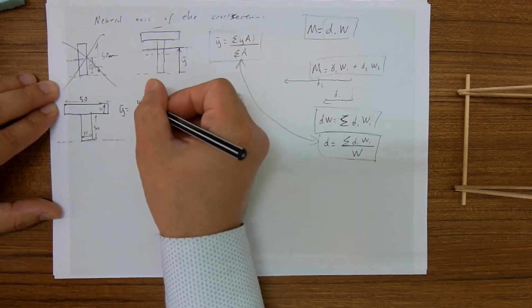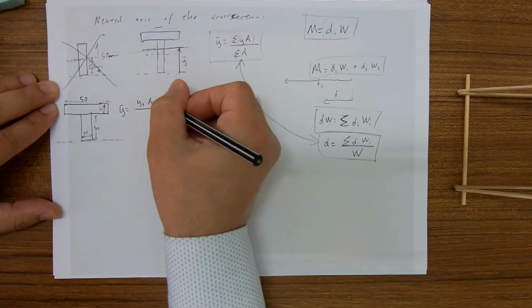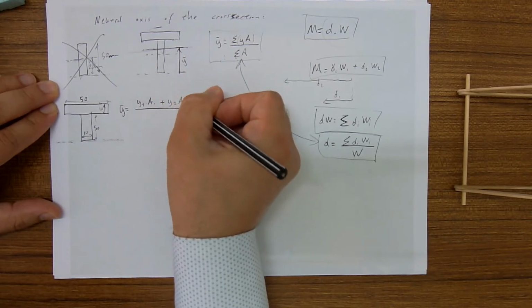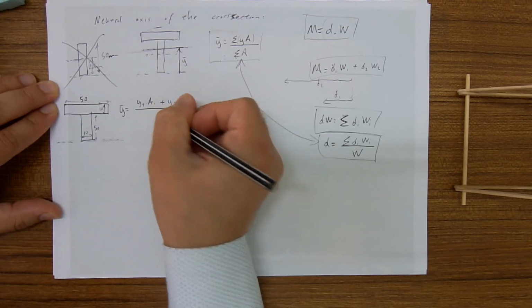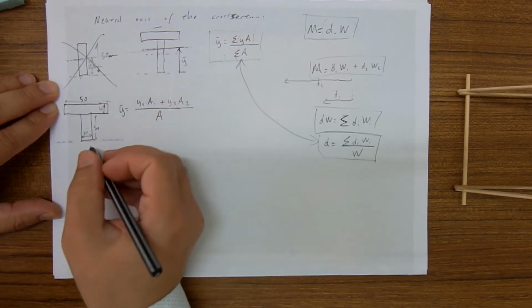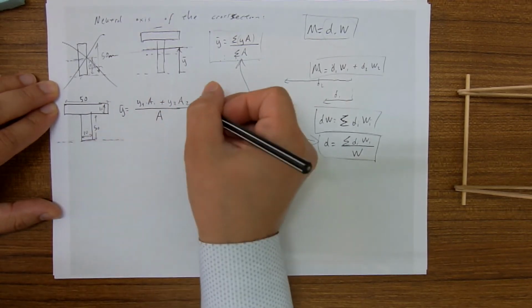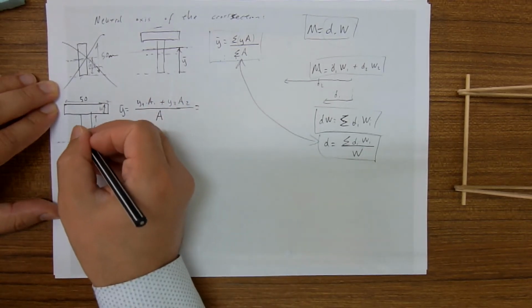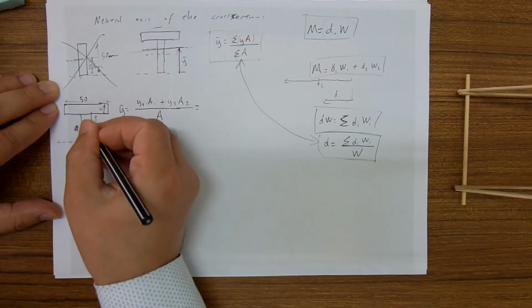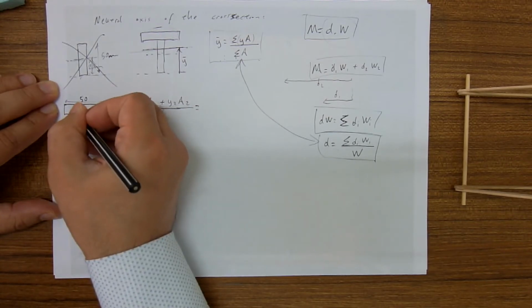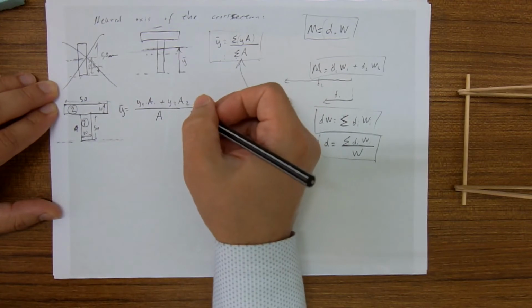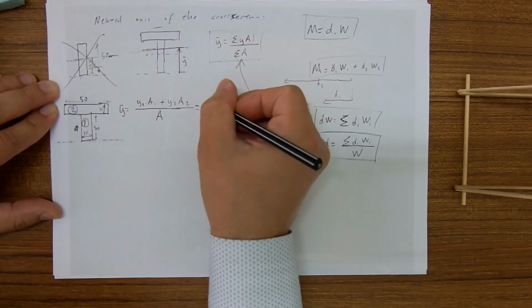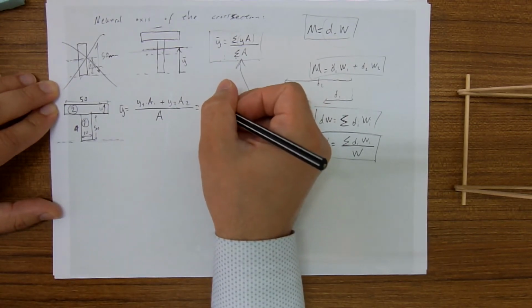So y1 times a1 plus y2 times a2 divided by the whole area. So what is y1? If this one is rectangle 1, this is rectangle 2. We do it in millimeters.